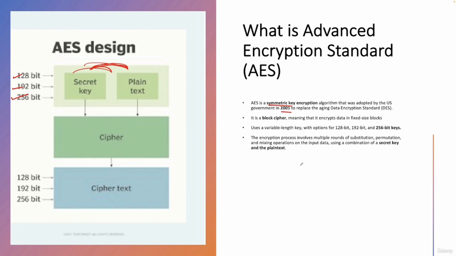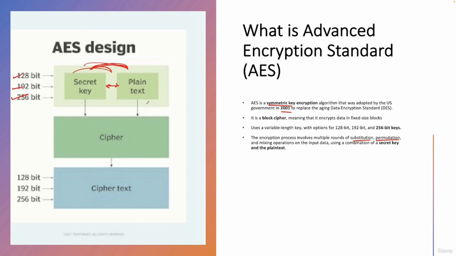The encryption process involves multiple rounds of substitution. You are having different permutations and mixing these operations between the secret key and the plain text, right? Let's say you take a block of plain text, take the secret key, and generate a block of ciphertext.